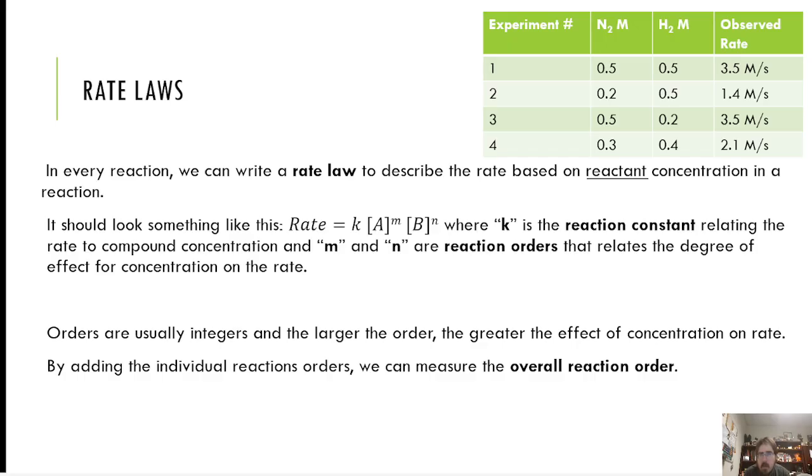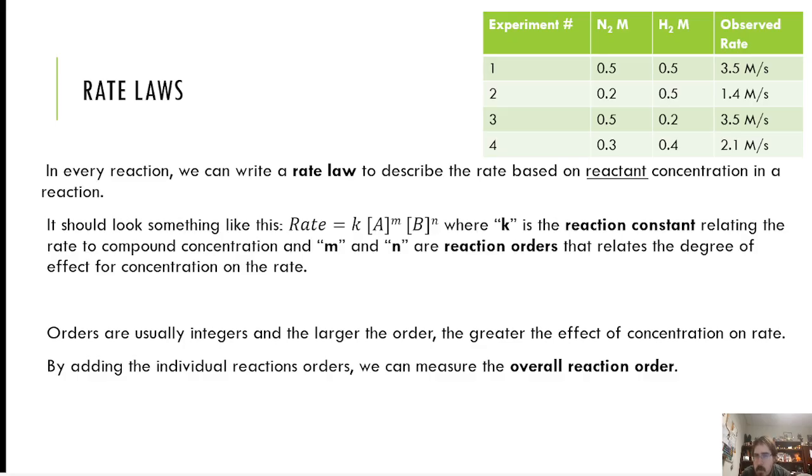But as we see, when we have equal amounts of nitrogen and hydrogen, the rate is 3.5 molar per second. If I decrease the amount of nitrogen while leaving the concentration of hydrogen the same, the rate decreases.